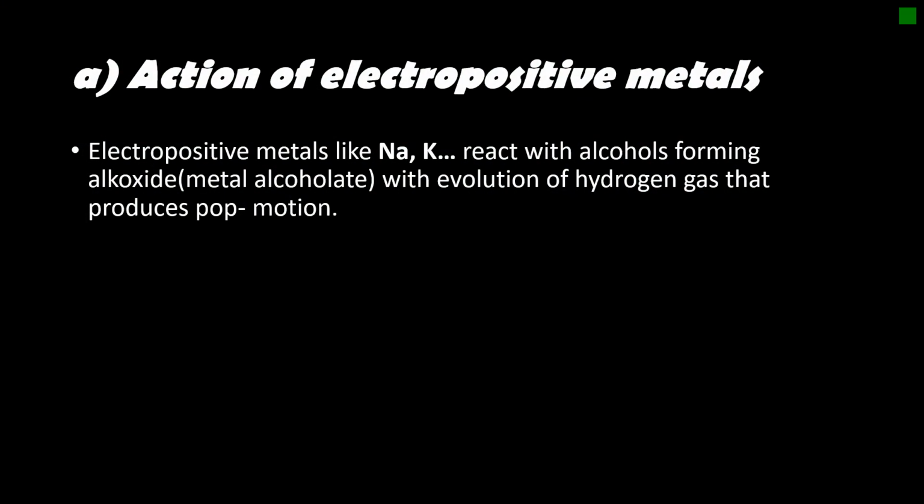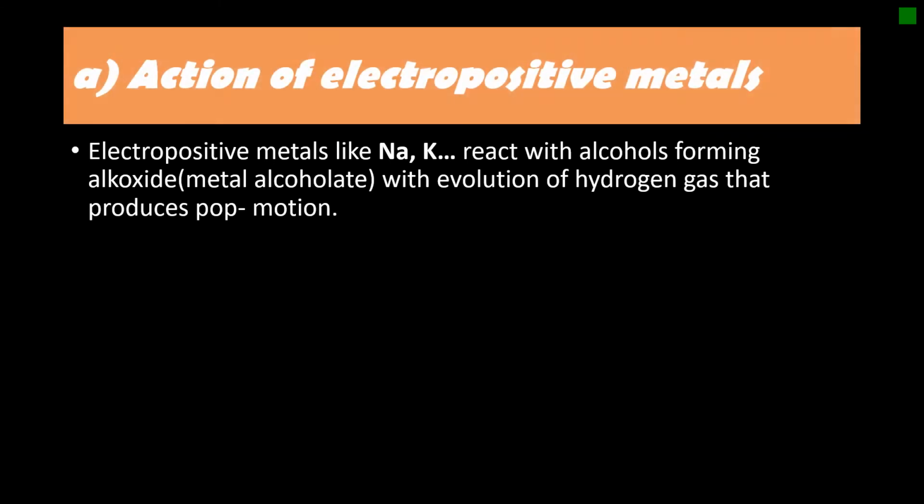The very first reaction is the action of electropositive metals on alcohols. Electropositive metals like sodium, potassium, etc. react with alcohols forming alkoxide, or metal alcoholates, with the evolution of hydrogen gas that produces a pop sound.